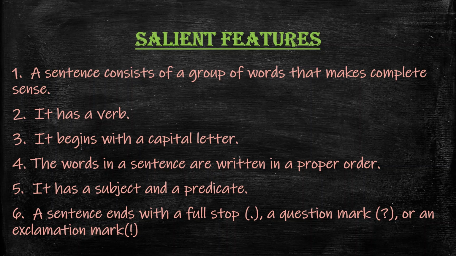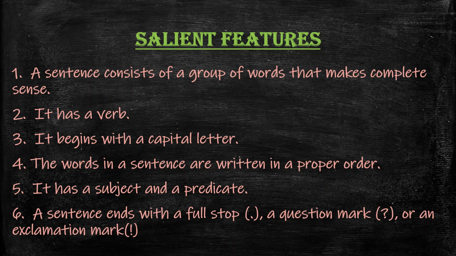Then, the words in a sentence are always written in a proper order. We cannot use jumbled words. It will not make any sense. It has a subject and a predicate. This means a doer and the action done.